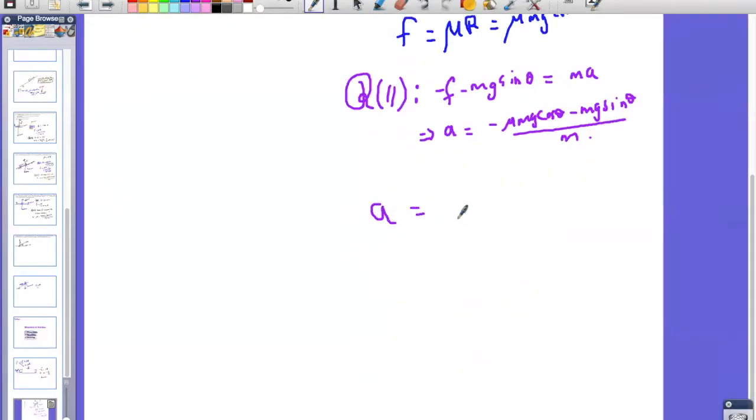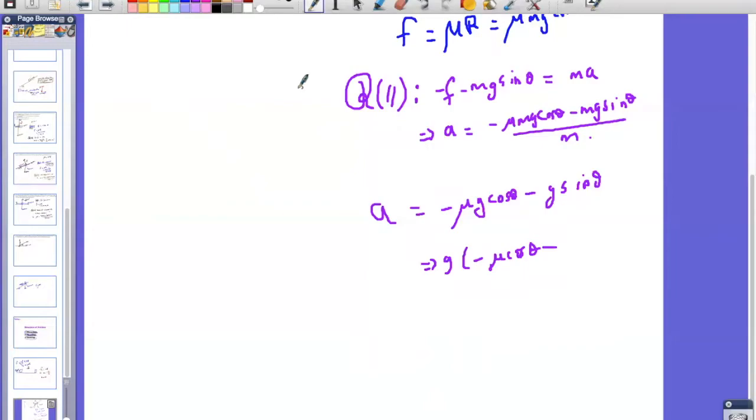A should be negative mu g cos theta minus g sin theta, no mu there. So it's g times negative mu cos theta minus sin theta.